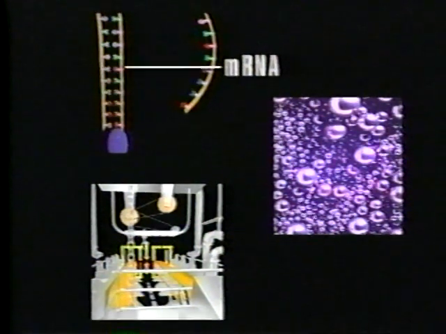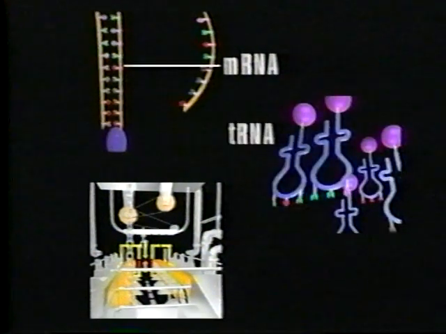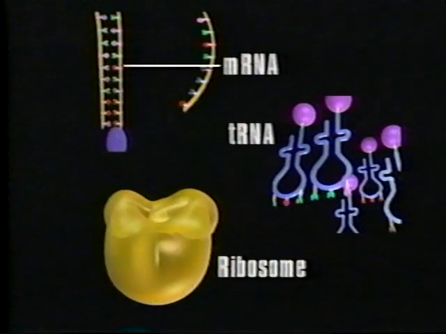It carries the information from the headquarters or the nucleus to the factory. Transfer RNA picks up and delivers the raw materials needed in the factory. Ribosomes, made of ribosomal RNA, are the factories that build the product. Now that we know the responsibilities of each molecule, let's take a closer look at each step in the process.